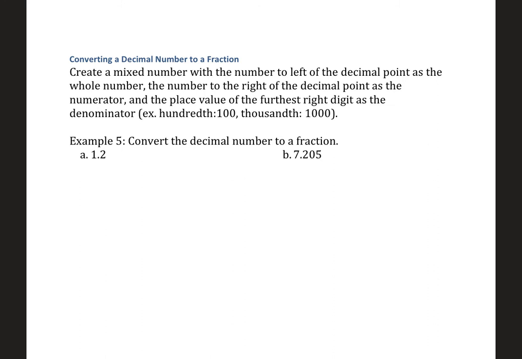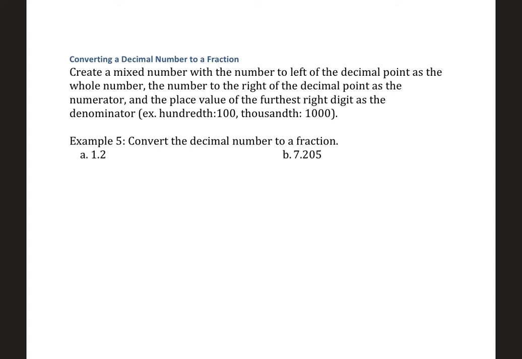Now when we're going the other way around, from a decimal number to a fraction, you want to keep in mind what place it is. So when you talk about 100th, 1000th place, 10th place, 100,000th place, that's going to come into play. So what we're going to do is create a mixed number with the whole number being the number to the left of the decimal point.